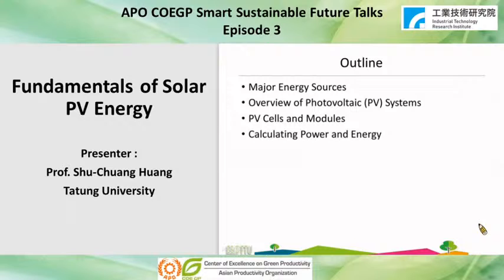And we will discuss the relationship between power and energy and how to calculate these values from voltage, current, and time. Finally, we will talk about the characteristics of PV modules, and we will check out a data sheet and try to find out the test condition and all the performance parameters.